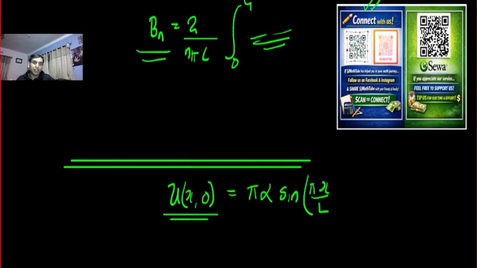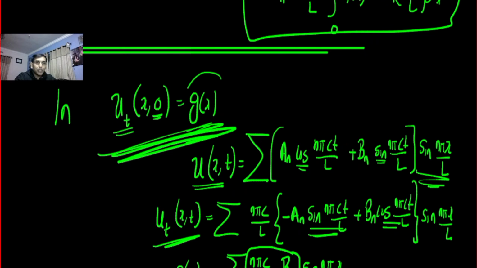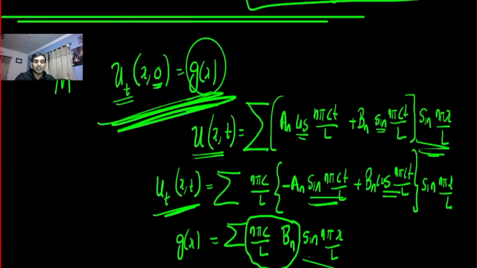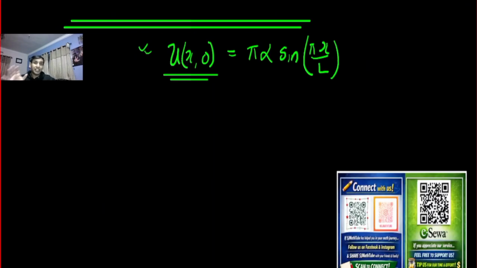Okay, now the last thing. Sometimes they will give a very cute condition, that is u(x,0) equal to pi alpha into sine pi x by L. You'll see this problem in the next video. So can you see the boundary condition looks so cute? And instead of f of x, here I told you it might be any function. Here also I told you it can be any function. But just imagine they have given a trigonometric function which looks like our solution.